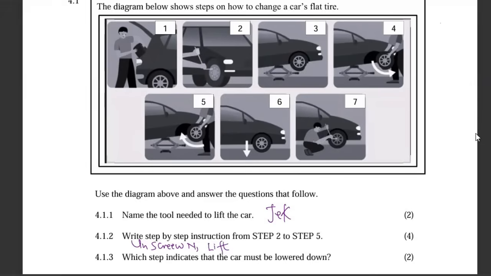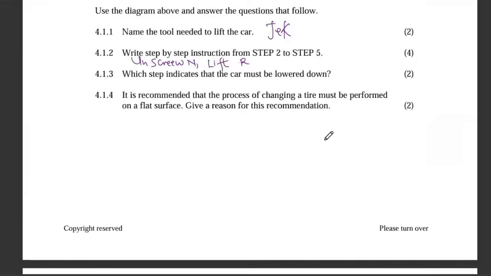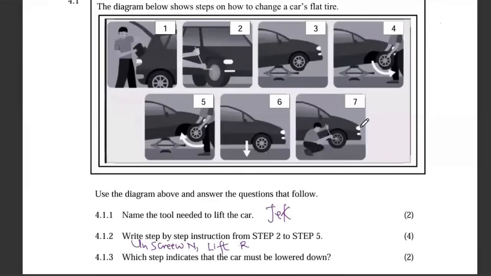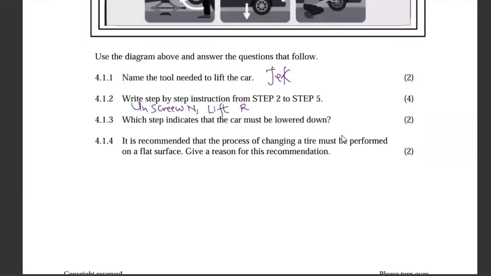Then lift up the car. Step number 4, remove the tire. Step number 5, replace the tire. And you work backwards. Anyway, which step indicates that the car must be lowered down? Step number 6.